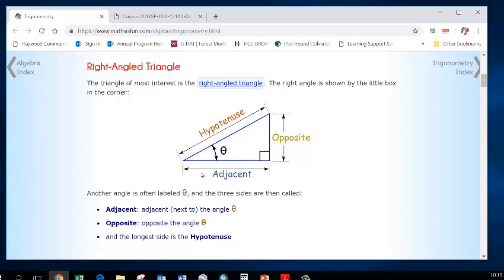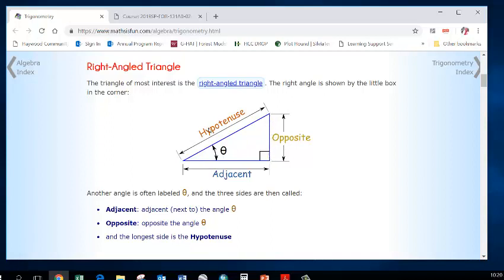In the right triangle, you may recall from math, the longest side of a right triangle is called the hypotenuse. The one that is adjacent to theta is this one on the bottom, what we call horizontal distance, and the side that's opposite of theta is this vertical distance.